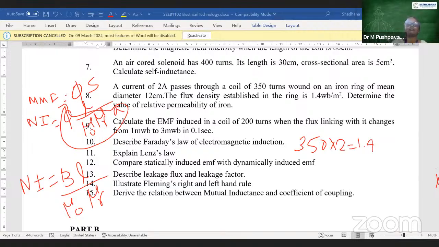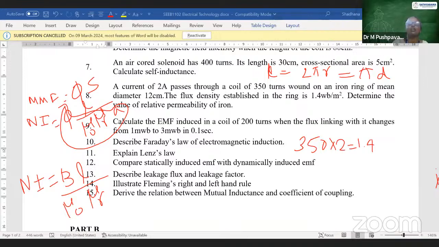Mean diameter. Okay, now we all know how to find the length of the coil. We know the radius, so L equal to 2 pi R, and I can use pi into D. They have given the diameter, from that I can find the length.